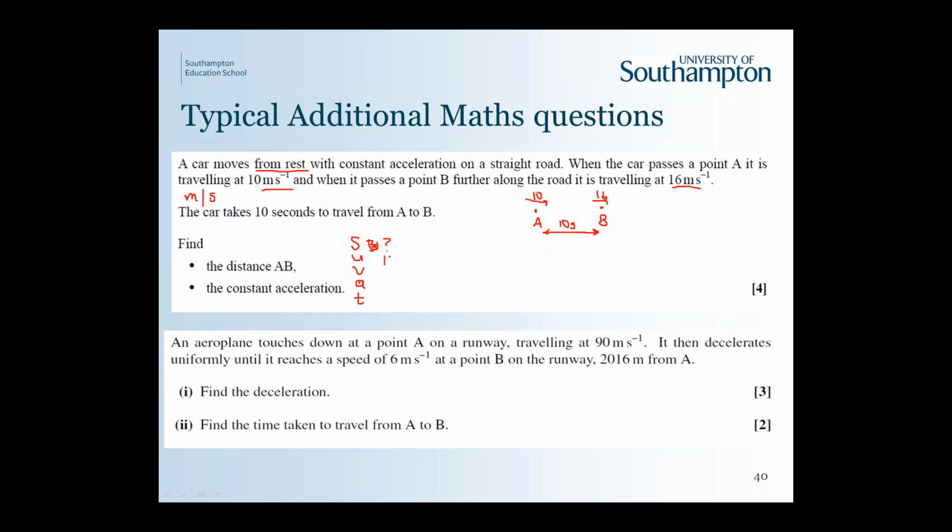Our initial velocity is 10 because we're trying to find from A to B. It did say from rest, but it's not asked us about from the starting point, it's asked us from A. V is our final velocity, so that's 16. A, we're not concerned with, we don't have it. T we're told is 10. So we look at what we've got, which is S, U, V, and T.